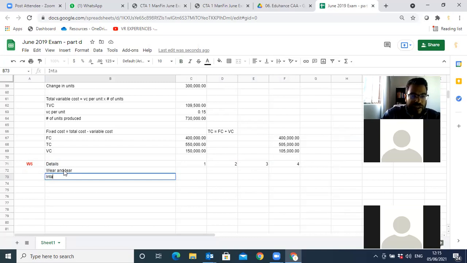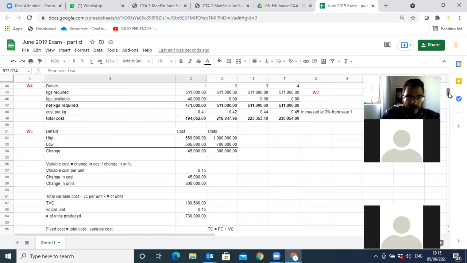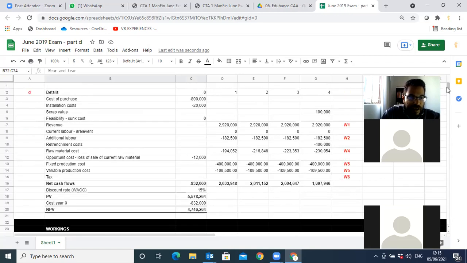Then you have your installation, which will most likely be the same as the wear and tear, and then you have your scrap value. I'm assuming these 3 things have a special way of doing it in order to minimize tax, so you need to work on that aspect. I don't know how that works. Then you might just bring in the remaining, all of these.